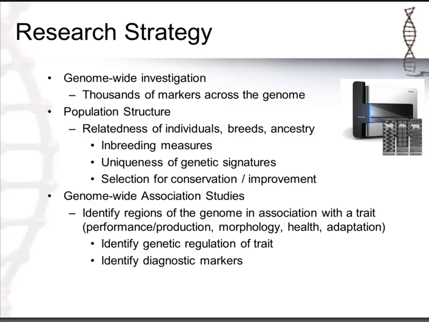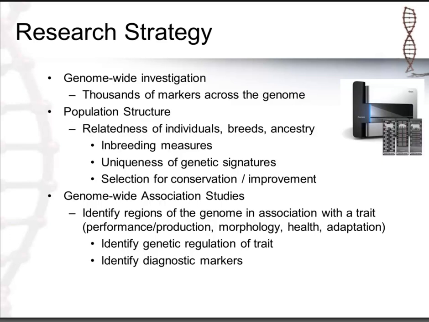When I move on to do association studies, I'm trying to identify these regions of the genome that are in association with whatever trait of interest I have, and looking at the genetic regulation of that trait. I'm also a very applied person, so I like to look at identifying diagnostic markers for most traits.